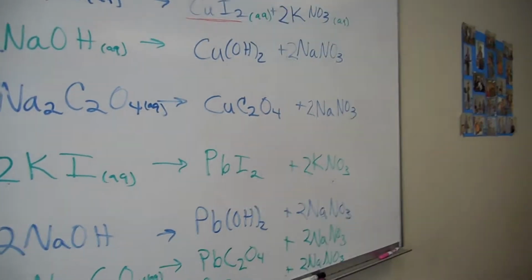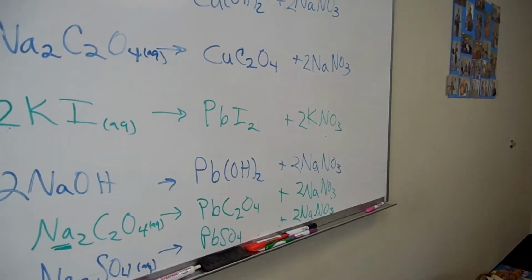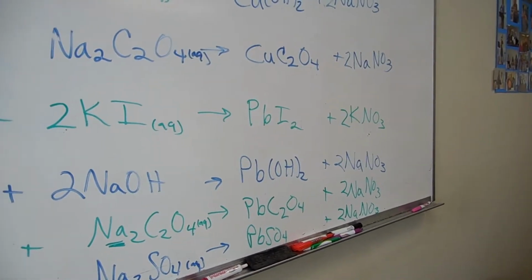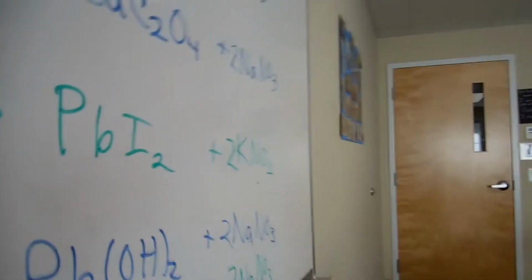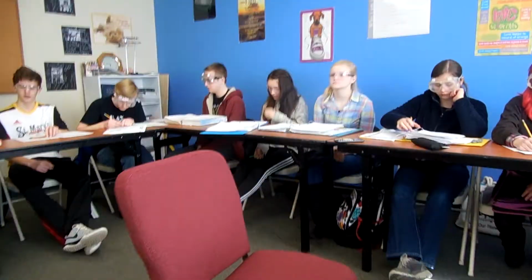Right. Unless it's a strong base, we think hydroxides are insoluble. So I would predict copper hydroxide is going to be a solid. How about sodium nitrate? We've already looked at sodium nitrate. Yes, sodium nitrate has shown itself to be pretty soluble.